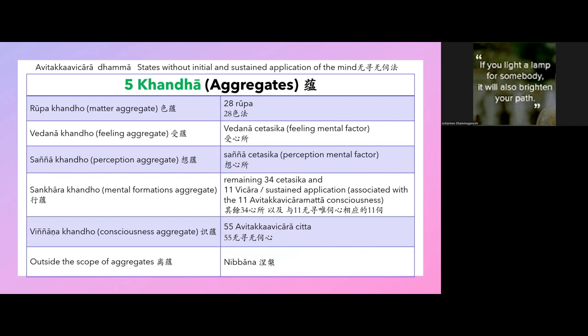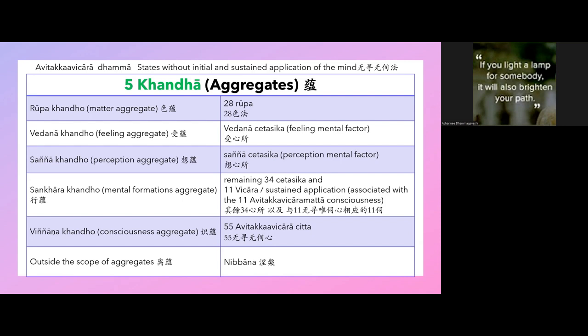Let's first look at the aggregates. Now here, because we have rupa, we get all 5 aggregates. So the 28 rupa are classified under rūpakkhandha, matter aggregate. Feeling, vedana cetasika, is classified under vedanakkhandha, feeling aggregate. Perception, saññā, is classified under saññakkhandha.